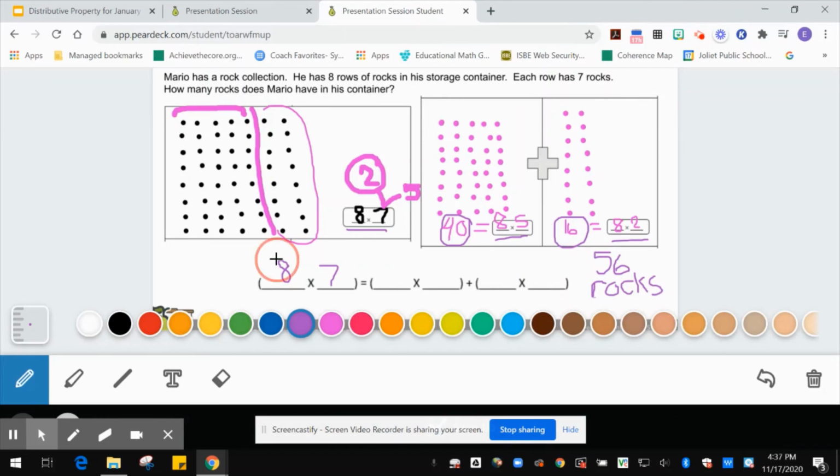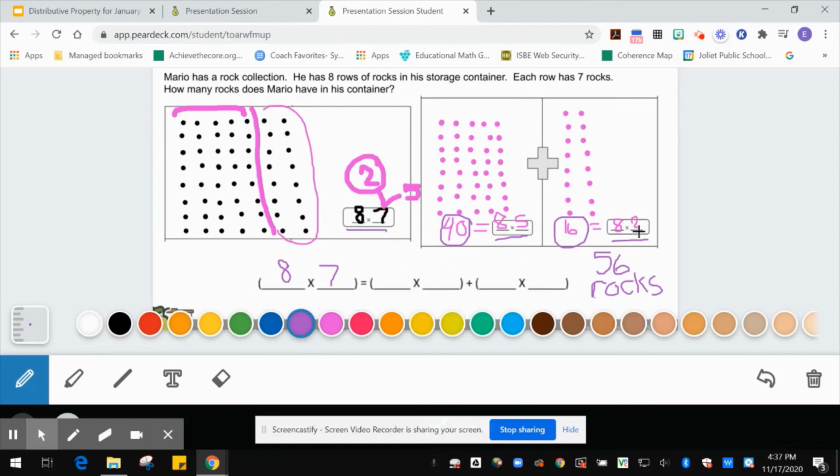So some students may choose to distribute and decompose this 8 into 4 and 4, or 5 and 3, and then multiply those things by 7. They may choose to take the 7 and decompose it in different ways, but that's what creates flexibility in the distributive property. Students solve for problems that they know.